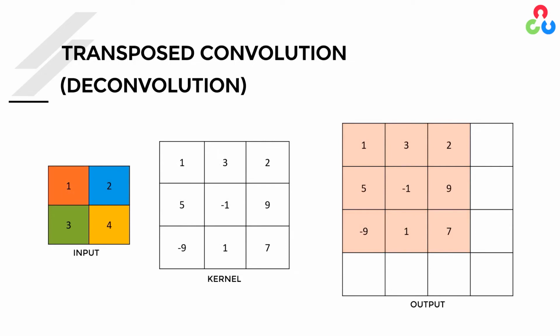The second matrix is generated when we go to this 2 and we multiply all the values of this kernel by 2 and we put it at this location. Similarly, we go to the value 3 and we multiply it with all the kernel values and put it right here. And we do the same thing with 4.